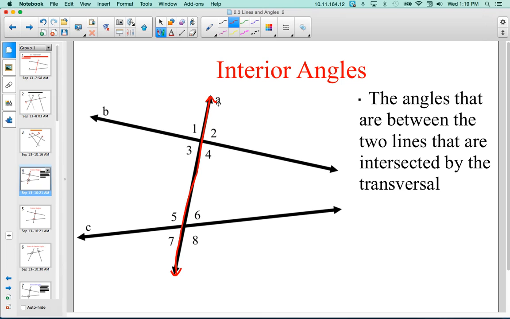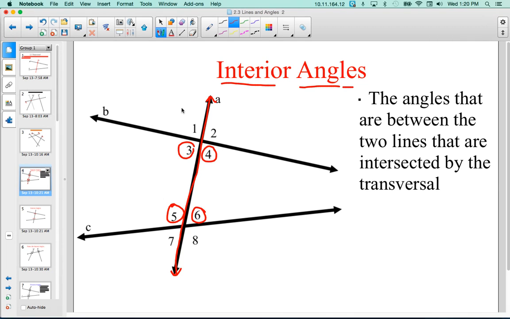And we have these angles, angles 1, 2, 3, 4, 5, 6, 7, 8. One type of angle made is called interior angles. Interior angles are the angles between the two lines that are intersected by the transversal. In this case, angles 3, 4, 5, and 6 are our interior angles.